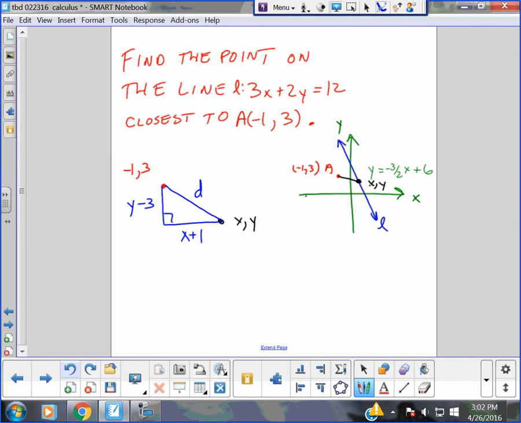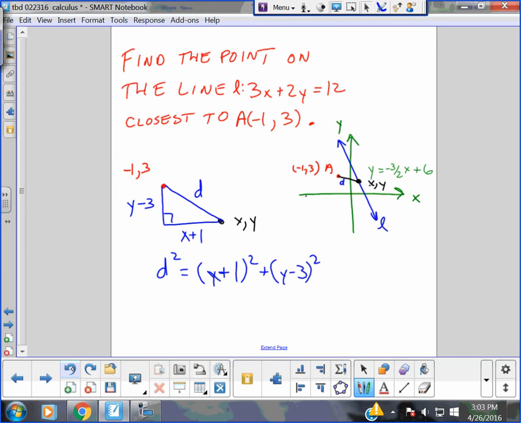And I can develop this equation. I know d squared is equal to the quantity x plus 1 squared plus the quantity y minus 3 squared, our distance equation. And now I can use my noggin and say, I want to minimize this blue distance d. But if I'm minimizing d, can't I minimize d squared?